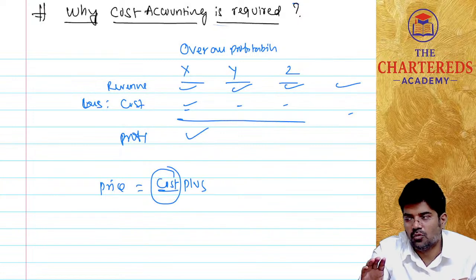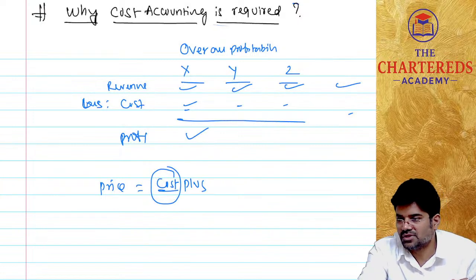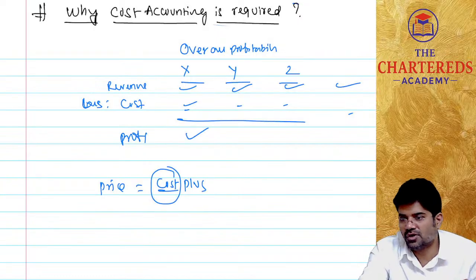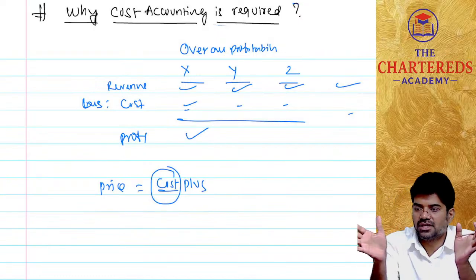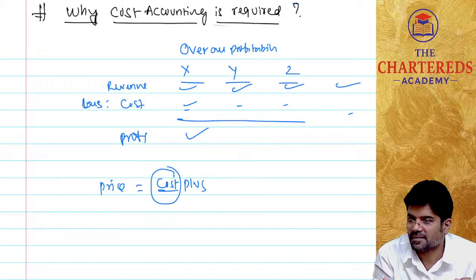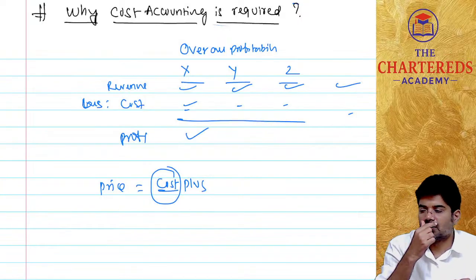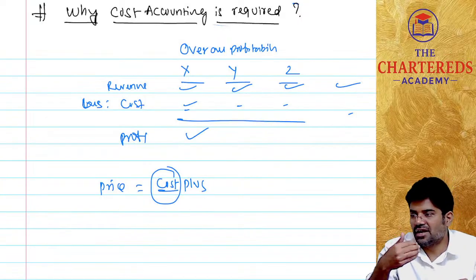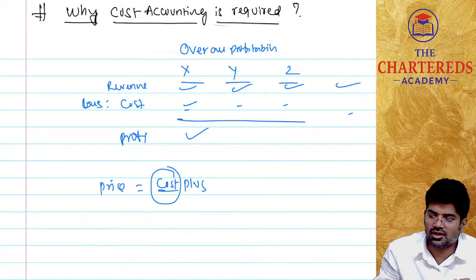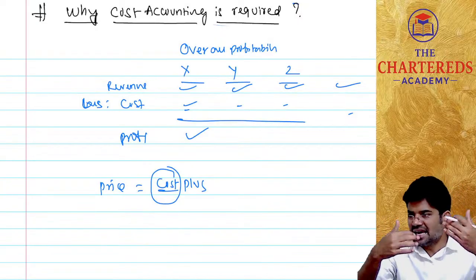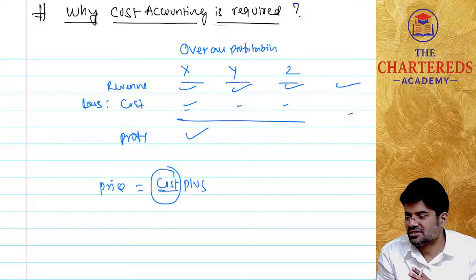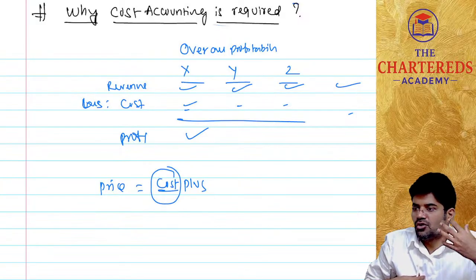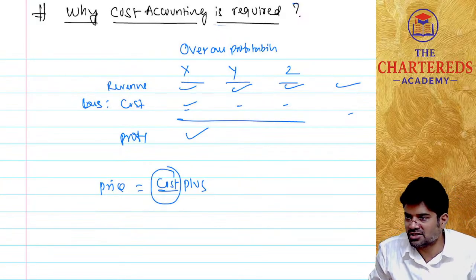That is one circumstance which led to the evolution of this subject called cost accounting. Now, why did they feel that they need to look at the cost? Because they are blindly accepting whatever they are charging. So as a buyer, you would like to know whether they really incur that much cost or not.